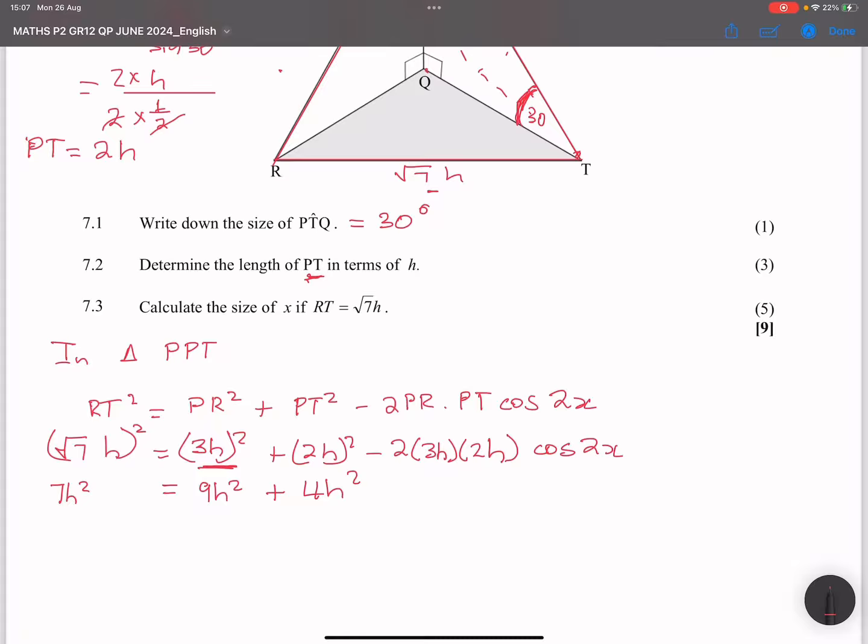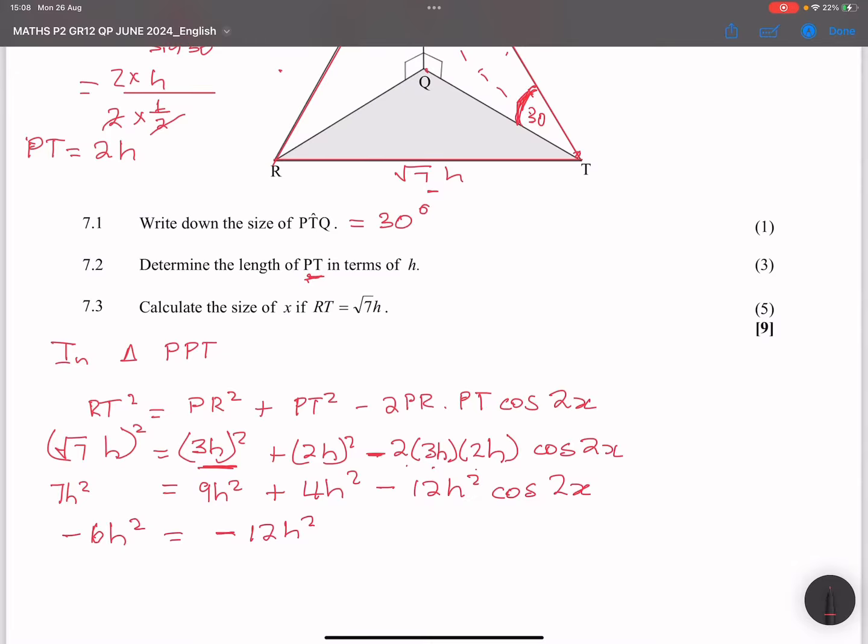So let's take that to the other side. 7H squared minus 13H squared, that will be minus 6H squared, which gives me, with negative 2 times 3 times 2, 6 times 2, so this is minus 12H squared, the cosine of 2x.